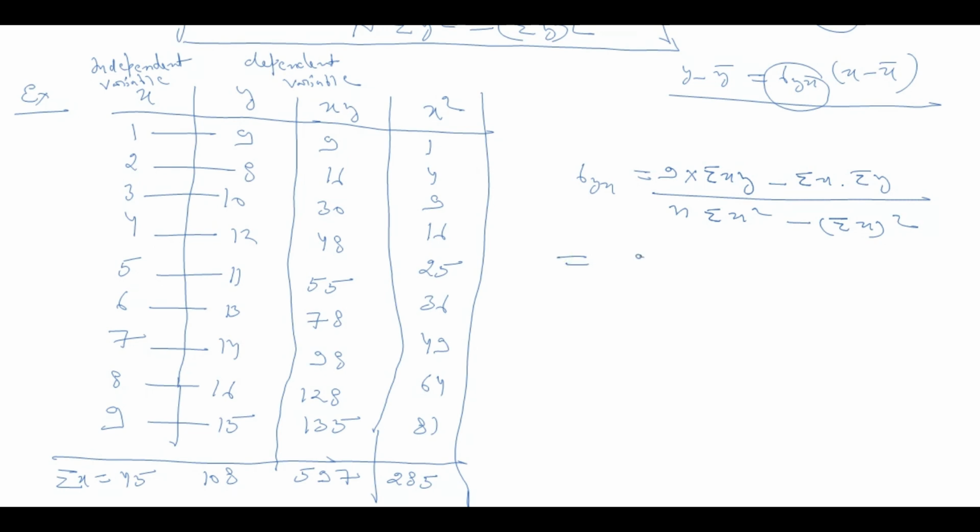This will be equal to 9 into sigma xy, which is 597, minus sigma x, which is 45, into sigma y, 108, then 9 into the x square sum, 285, minus 45 square.